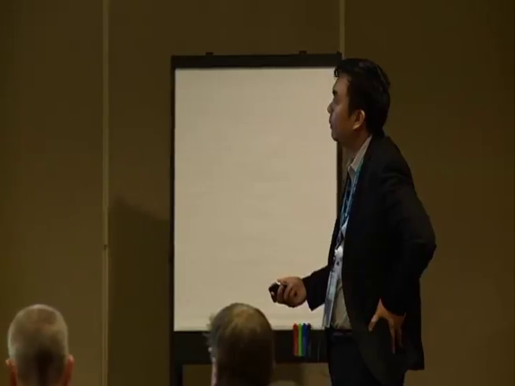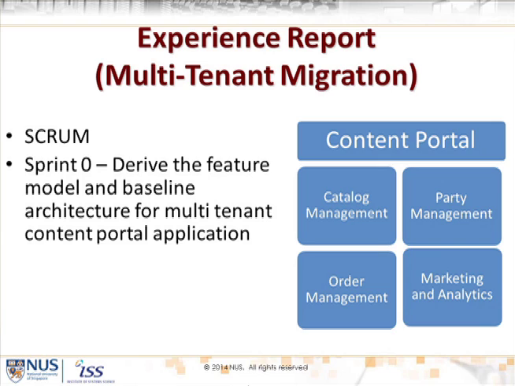Based on the models, we went ahead to do a project for the customers. This particular project is what we call a content portal. The main part of the customer's application is a content portal with some other services like catalog management, order management, and so on.